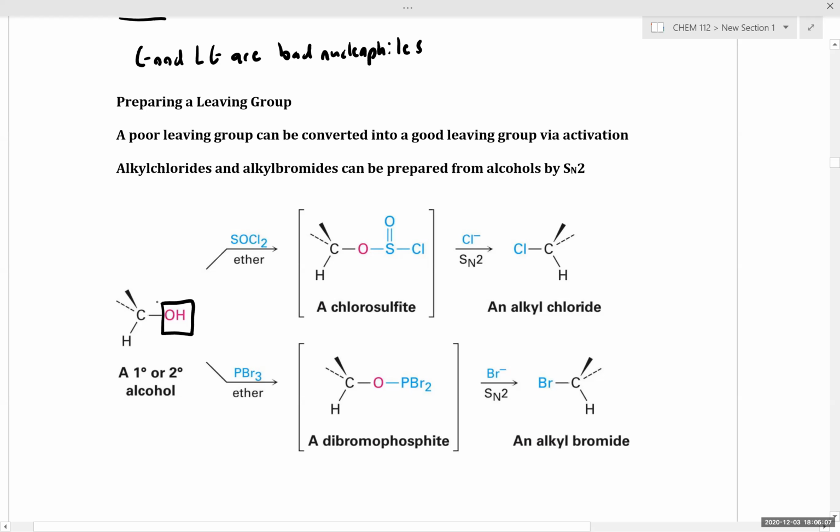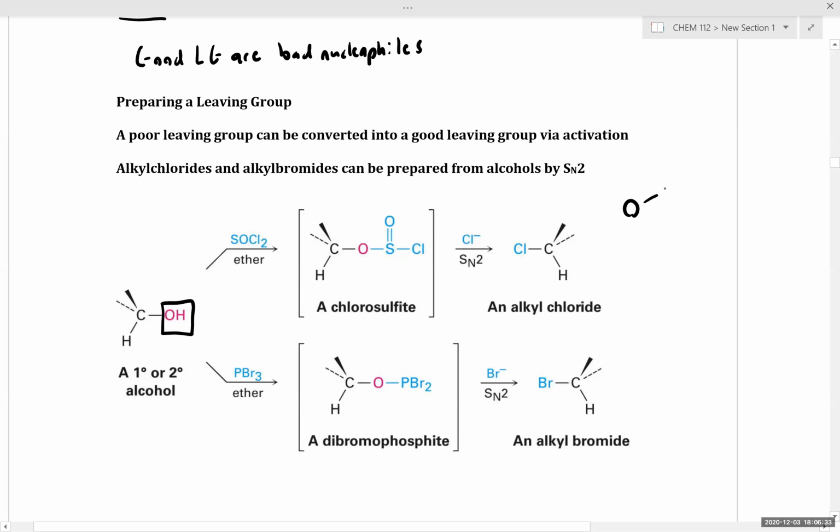This is commonly done via substitution or activation of our leaving group via formation of a covalent bond or via a Lewis acid. In both cases, we have in turn replaced our relatively poor leaving group of an alcohol with a much more effective leaving group.